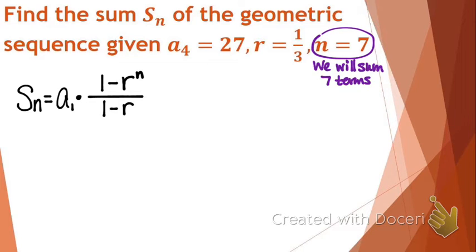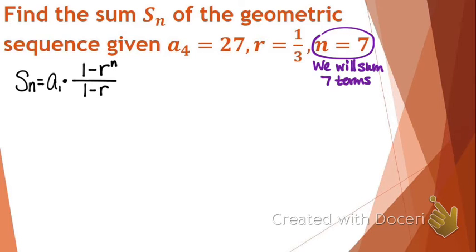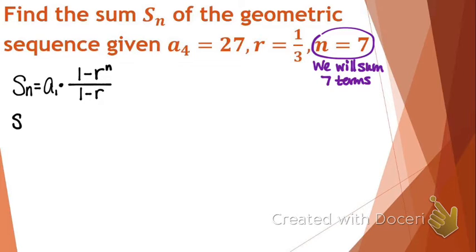What other information do I need if I'm going to use our formula for summation? We need a sub 1, our first term. How can we find the first term?